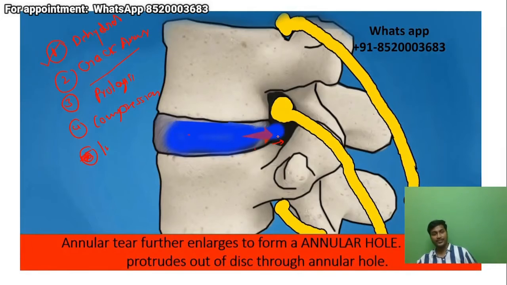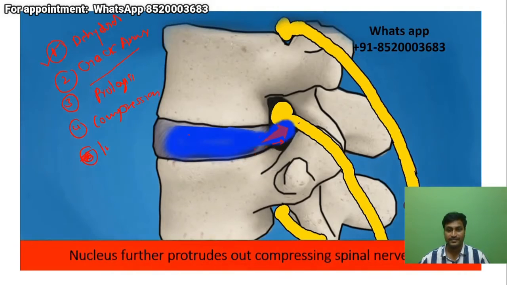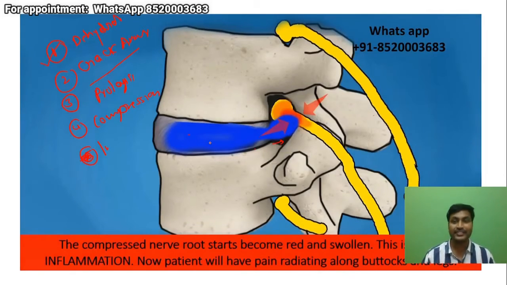Third step is prolapse of the disc without compressing the nerve root. Fourth one is compression of the nerve root leading to inflammation of the nerve root. Sequestration, migration, I will tell you later. Try to identify these four things because this is very important because this will help you to correlate your symptoms.